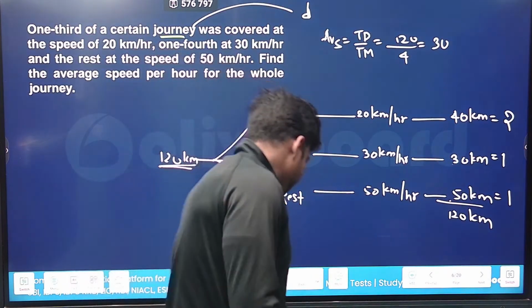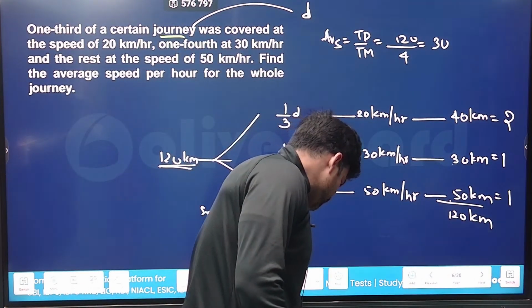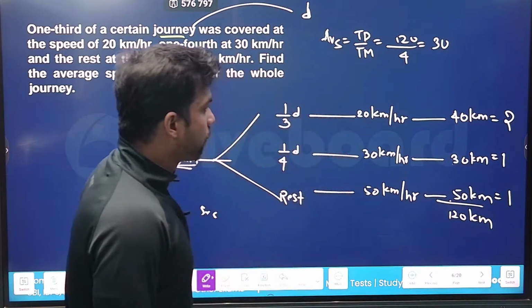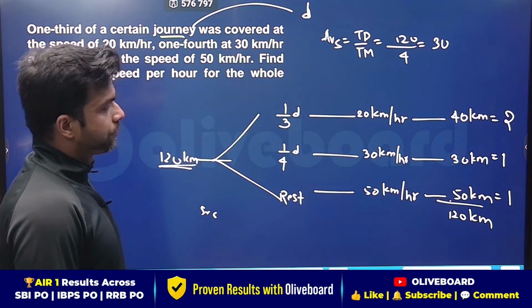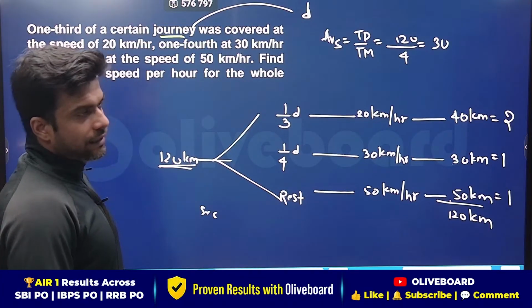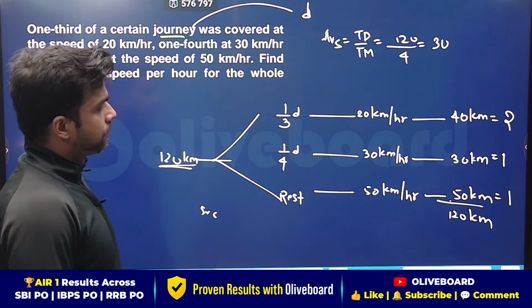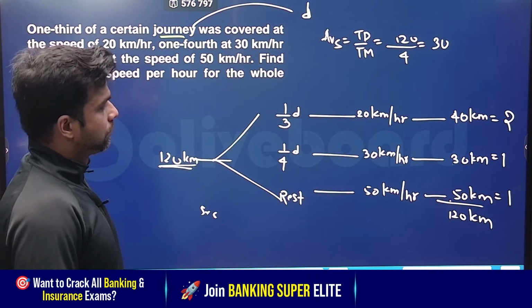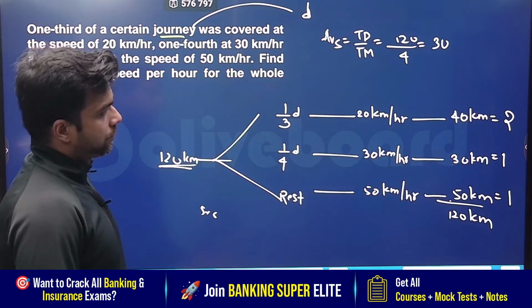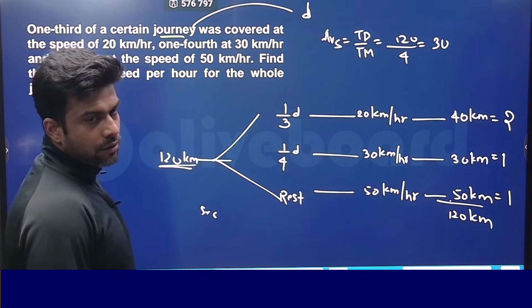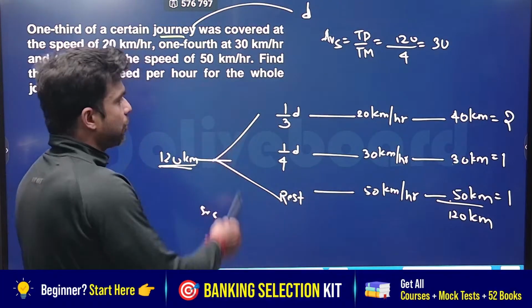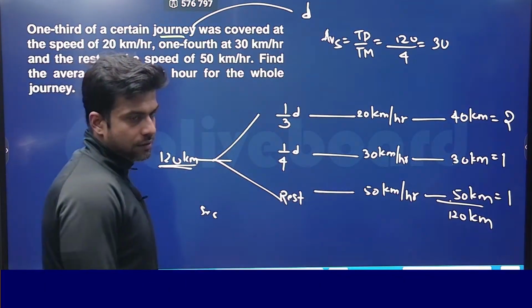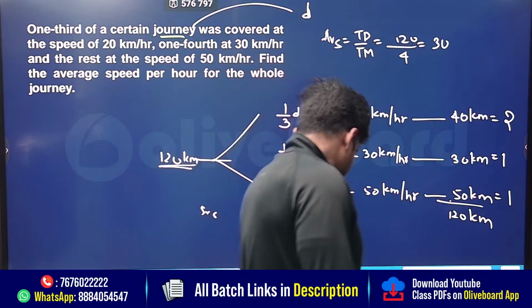Is this fine? I hope so. Is this clear? Everyone is getting it? Come on, say. You guys are getting it? Yes or no? Is this clear? So this question could be done in a very easy way. I have just shown you how to react towards the question. Okay, I've done one for you.